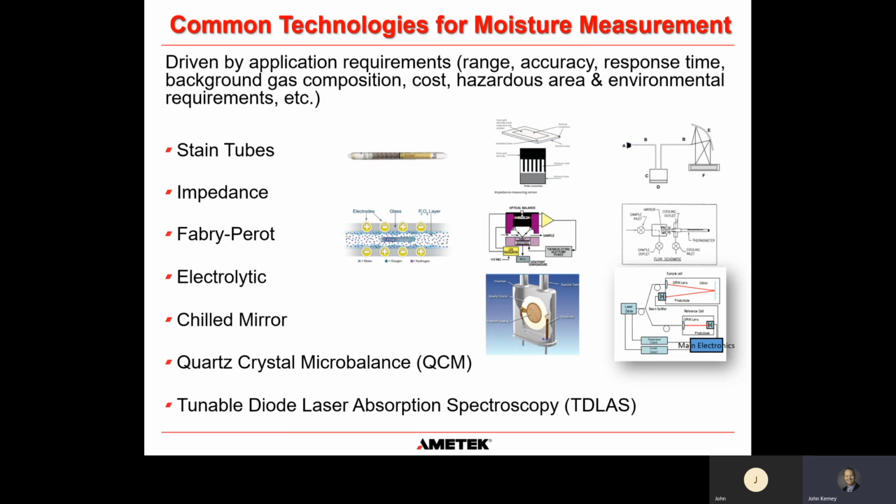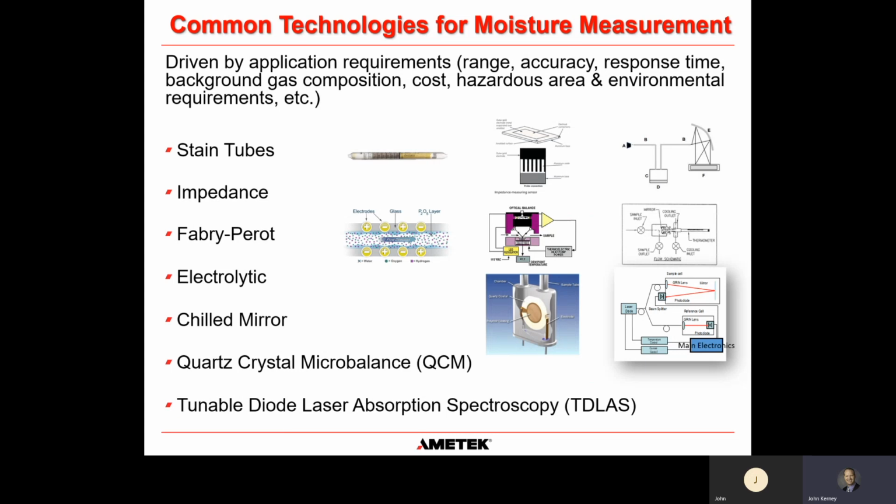With respect to any of the technologies, the way I think about moisture measurement and approach it is I start with the user application and then take a look at the application requirements, which can be things like: what's the measurement range that somebody has, what kind of accuracy are they looking for, is response time a significant concern for the process and what they're trying to measure, how much is it going to cost to do the measurement, is the background gas constant, what's in the background gas, any contaminants that might impact the sensor technology.